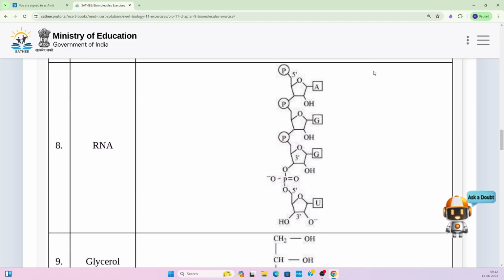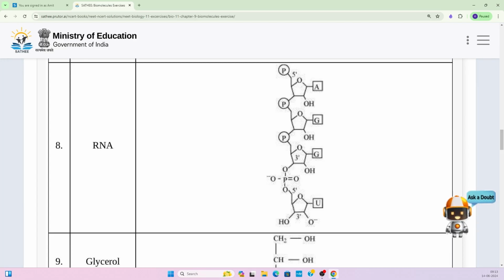Now here comes the RNA, same thing. But what is the difference here? This is the ribose sugar, not deoxyribose. In the case of RNA there is ribose sugar, whereas in the case of DNA, the sugar is deoxyribose. Again here you can see the 5 prime to 3 prime, showing the polarity, right? And you can see phosphate, ribose, phosphate, so it is alternating phosphate and ribose sugar, and in the case of RNA this is making the backbone.